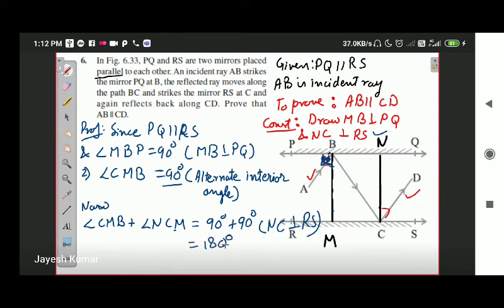Now we already know that if a pair of interior angles for two lines are supplementary, then both lines are parallel.